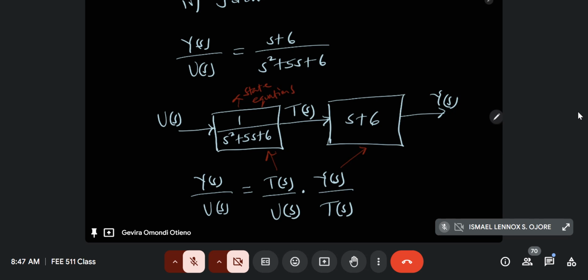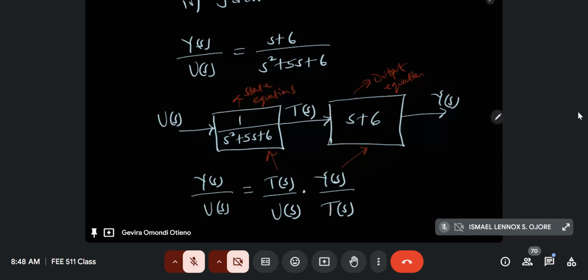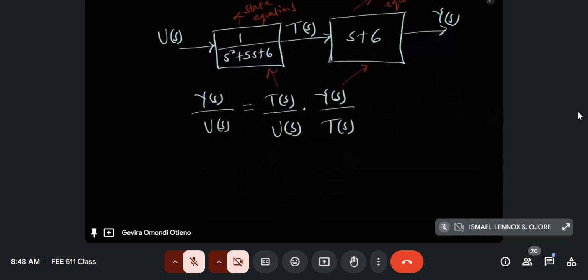For those who have done this and done other examples, I've noticed that this block is used to give you the output equation, because state space representation must consist of state equations and output equation. So the first block is for state equations. The second block is for output equation. Use the first block to obtain the state equations, and that is very simple to do because we've done it before.